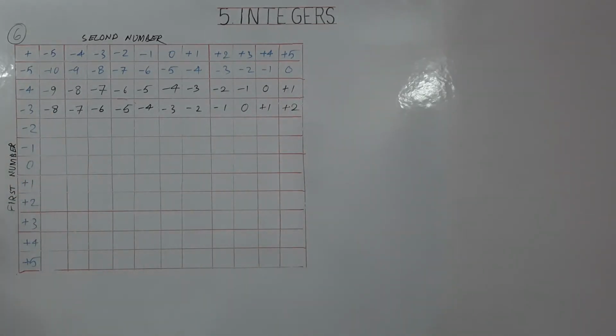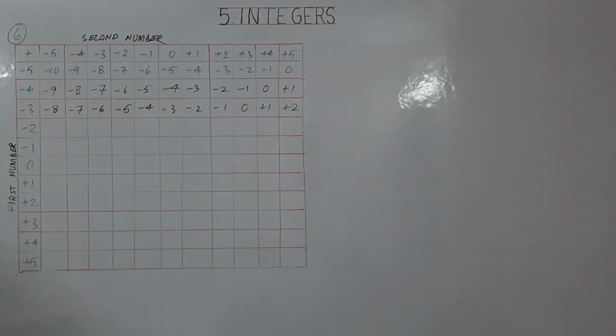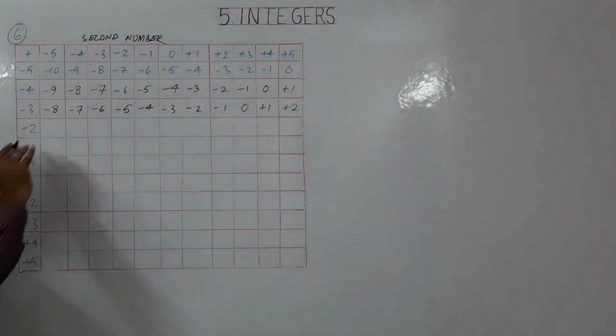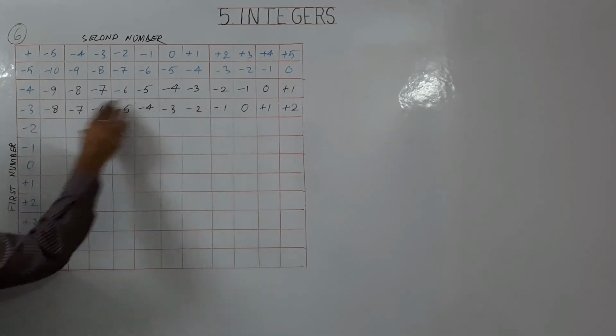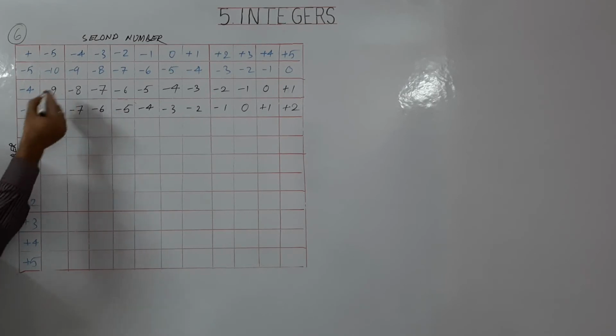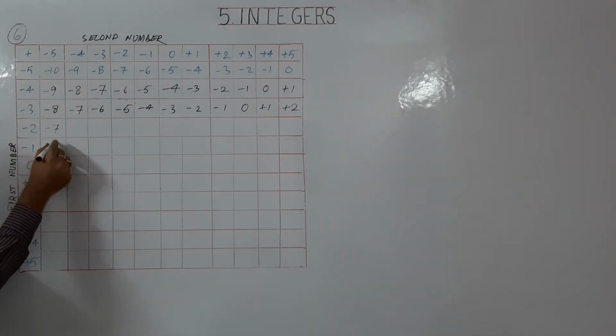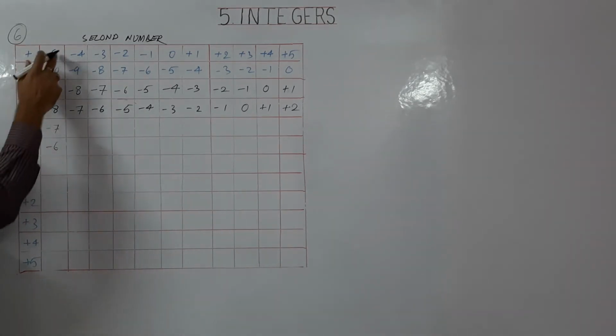So if you observe the pattern of these numbers carefully, by the arrangement itself, the answer is in the series. So after minus 10, minus 9, minus 8, next will be minus 7. Let's say minus 2, minus 5, yes, minus 7. Next is minus 6, minus 1, minus 5.